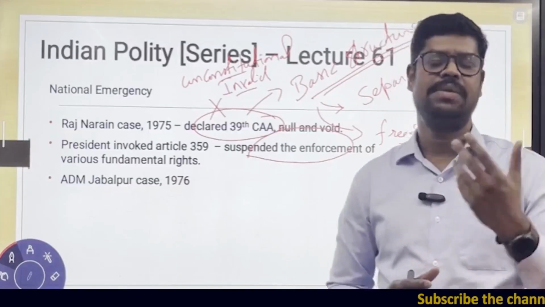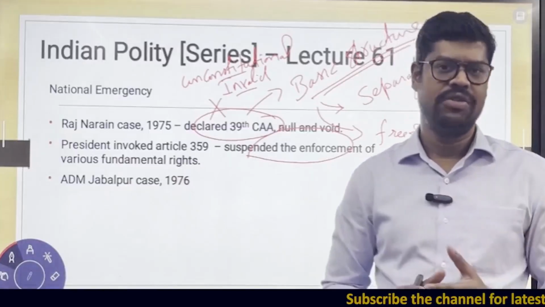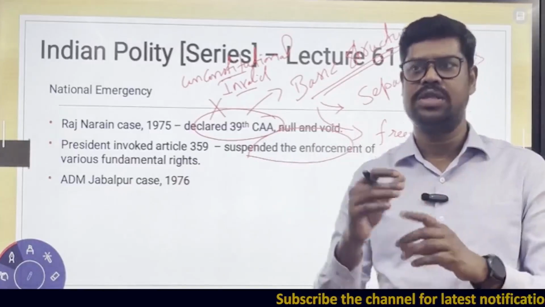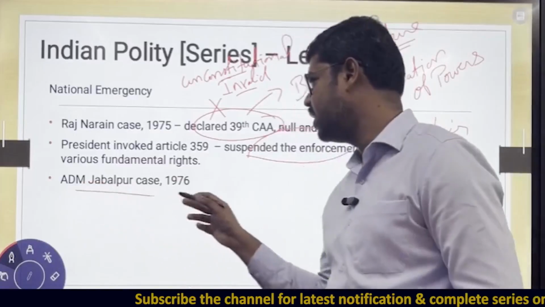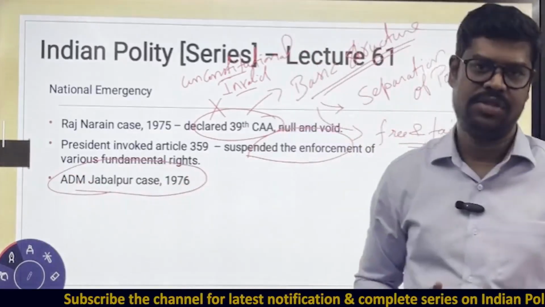They had filed petitions in a number of high courts. So different high courts had different judgments. So against all those orders, a petition was filed in the Supreme Court. And that came to be what is called the ADM Jabalpur case in 1976.